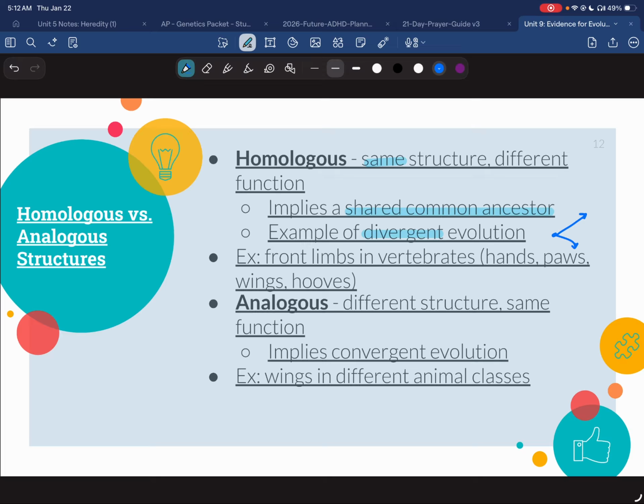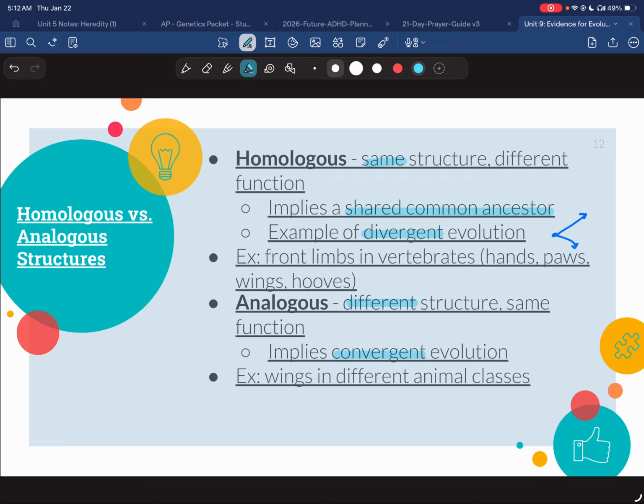So that's homologous, but they have different purposes, right? Analogous, it's like an analogy. What is an analogy? An analogy is where you take two different things and adapt them for the same purpose. So that's more like convergent evolution because they're coming together, right?